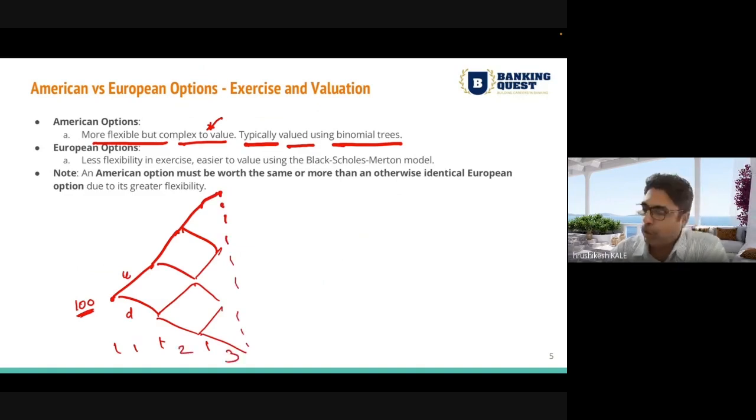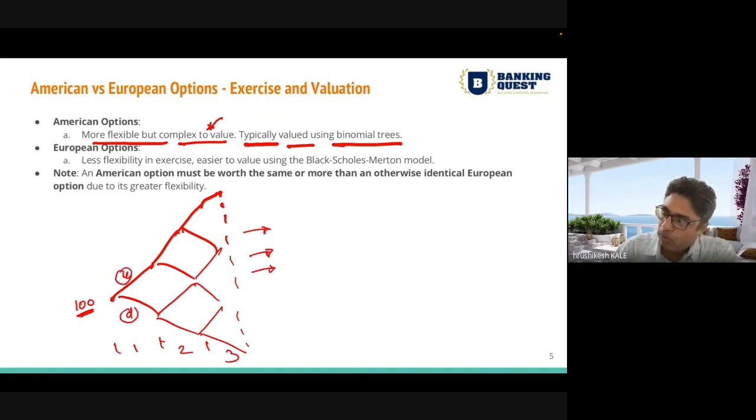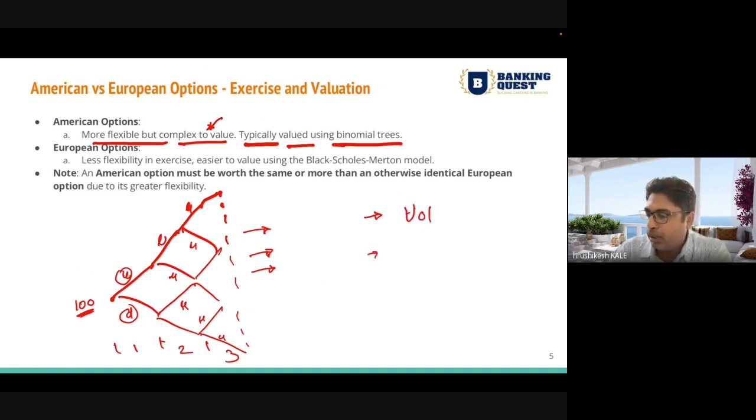And you can extend it to 10, 15 periods also. By increasing the number of periods, you are just trying to increase the accuracy of the option price. Now, this up move and down move will remain the same throughout. And option price or option value is based on certain factors like volatility, time to expiry, interest rate, and all other things.